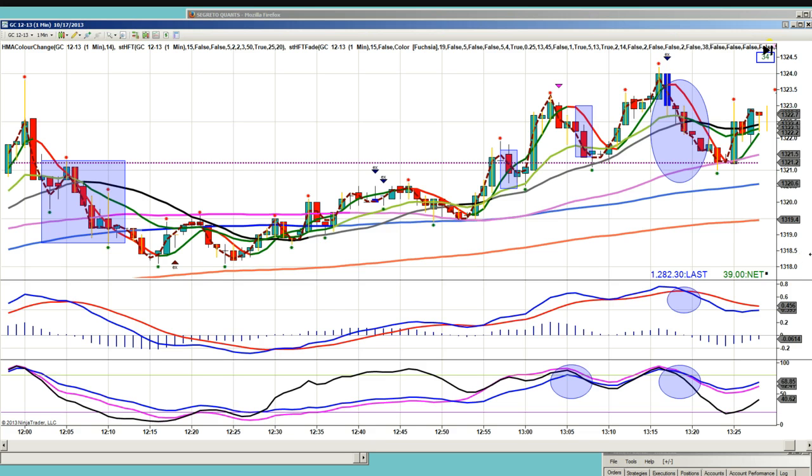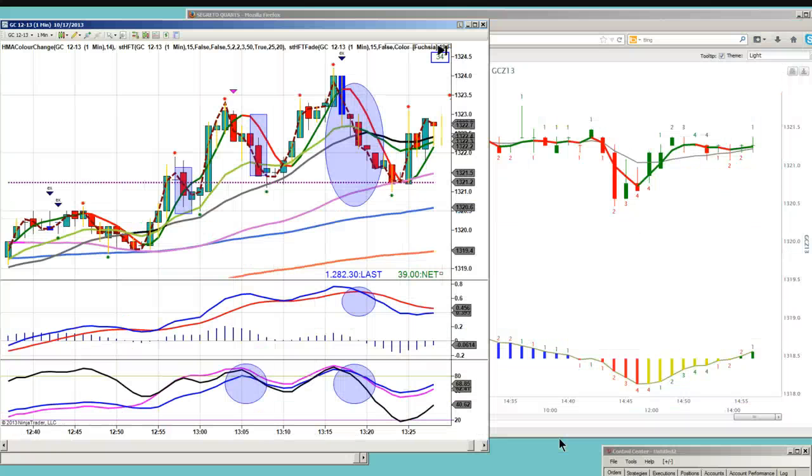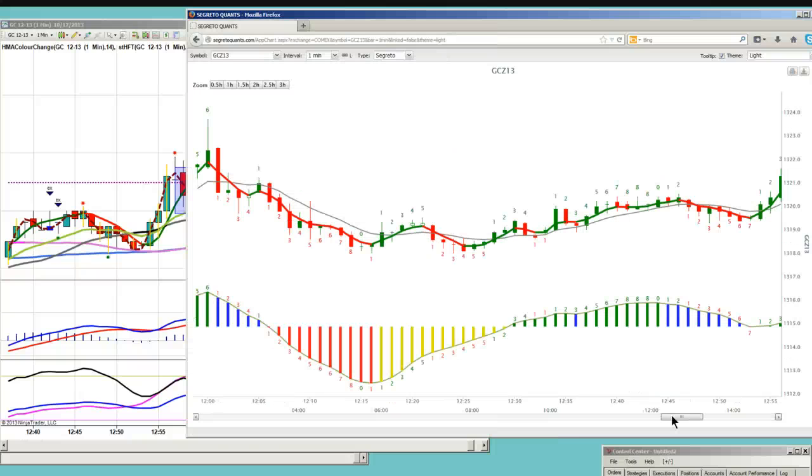Now, you can use something like the Segredo. One way we can fix it is with the Segredo. So we could say, let's just take this chart back a little bit. So we compare these 2 points.